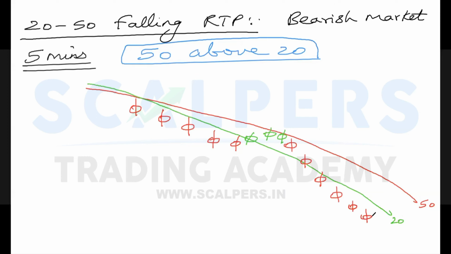Same way we saw rising RTP, same concept for falling RTP. What is the first point? The candles will take resistance at the 20 SMA, or at the 50 SMA.